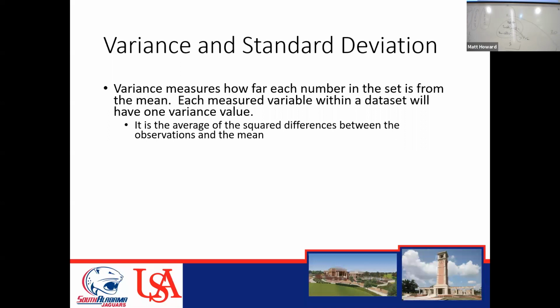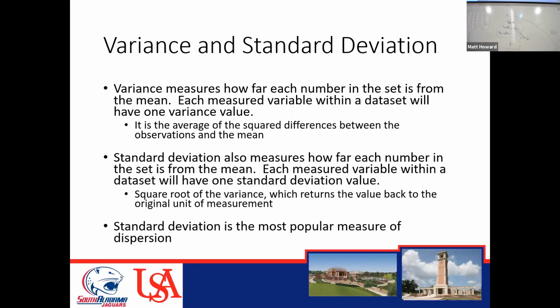The important thing I want you to know is that the standard deviation also measures how far each number is from the mean on average. And once again, each measured variable within a data set will have one standard deviation value.